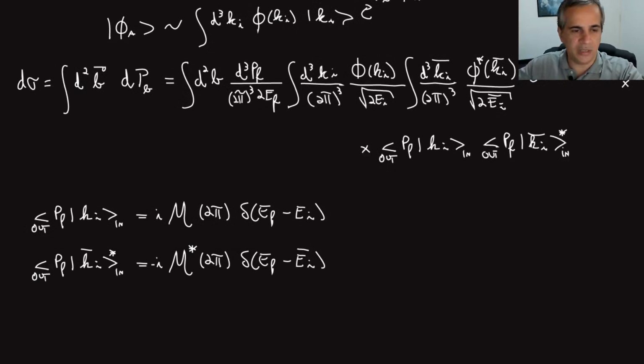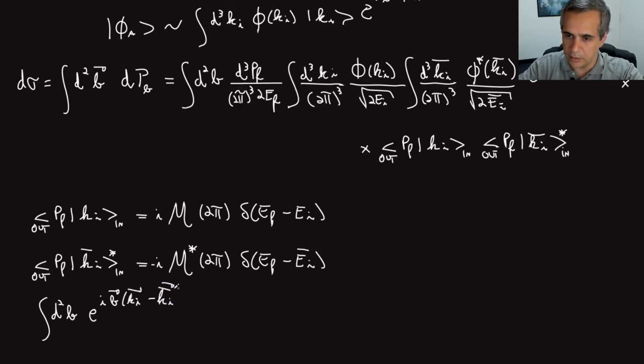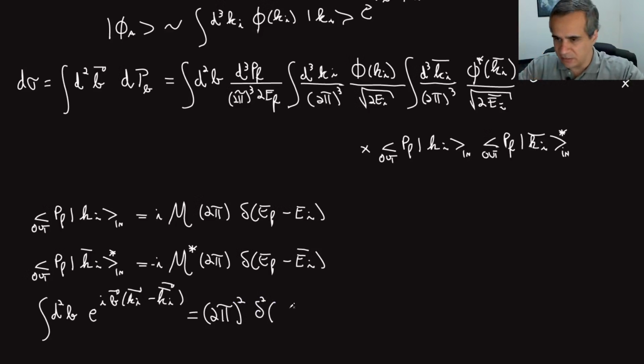I can do the integral in b, d2b of that exponential i b dot (ki vector minus ki bar vector), which is just 2 pi squared delta of the perpendicular ki's, because b is in that direction.